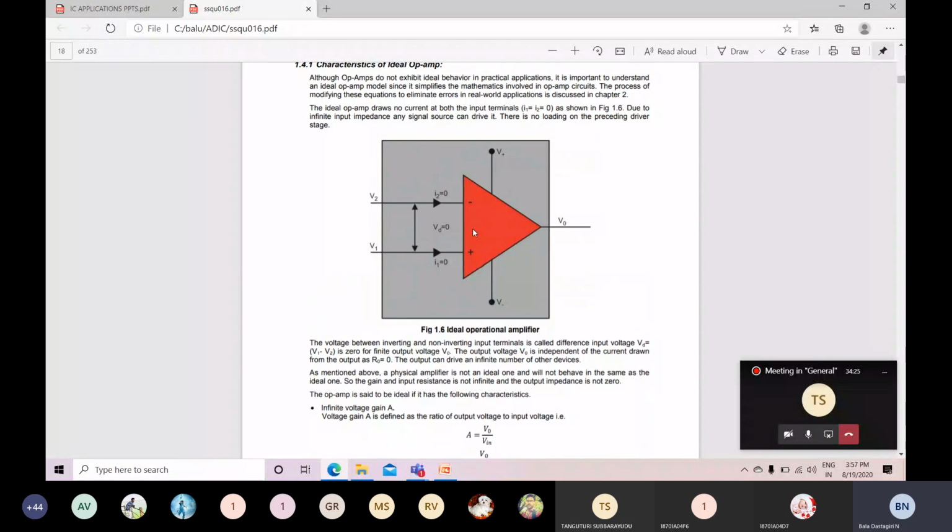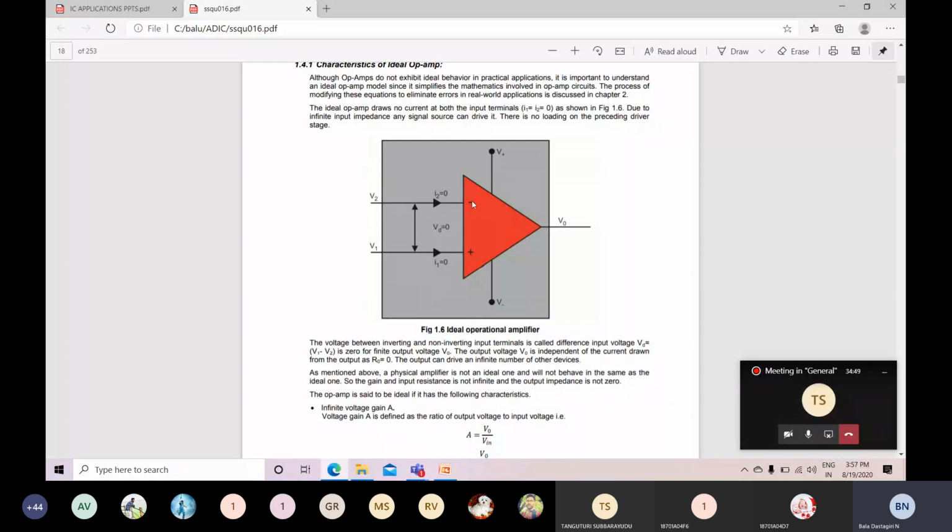Okay, so now if you see in this figure, in order to describe the characteristics of an ideal op amp, they have taken the voltage across two input terminals. What are the two input terminals? The inverting input terminal and the non-inverting input terminal.